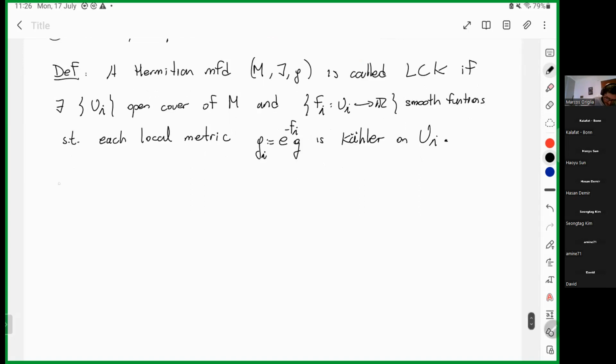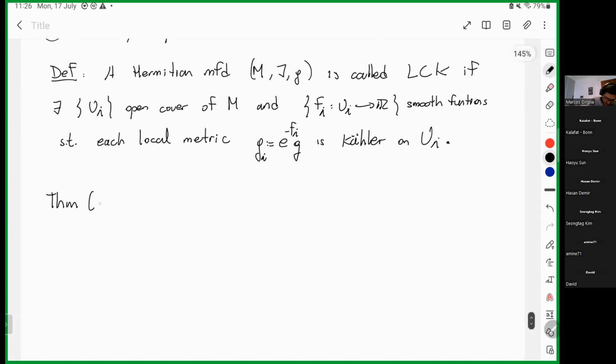But there is this result, which is a characterization of LCK manifolds, and is due to Lee. It was given in 1946, 45, I don't know. Well, around 1945.